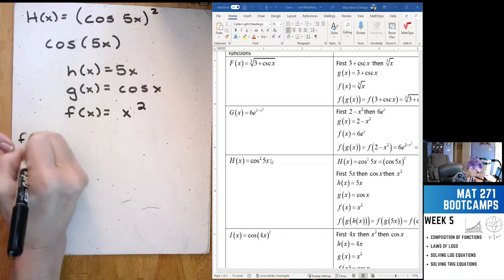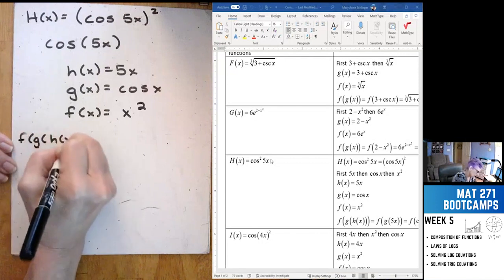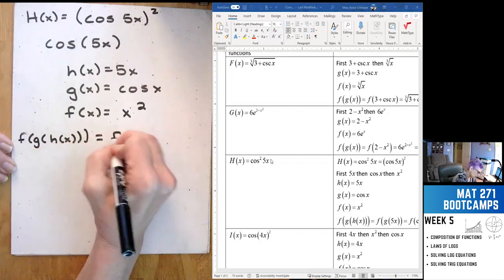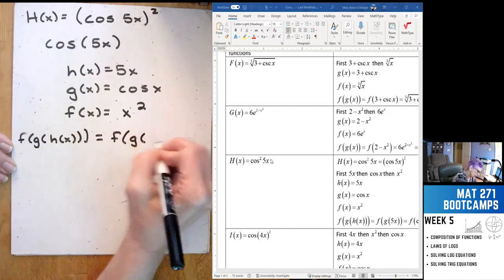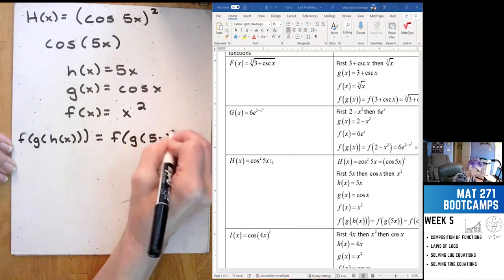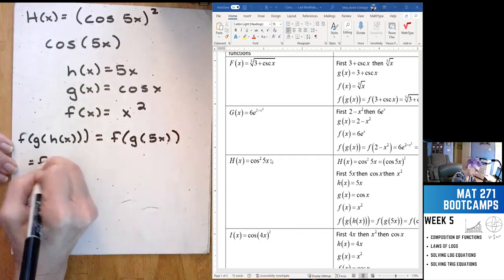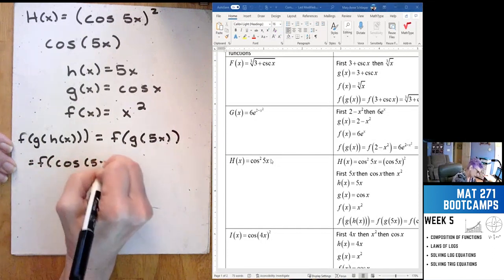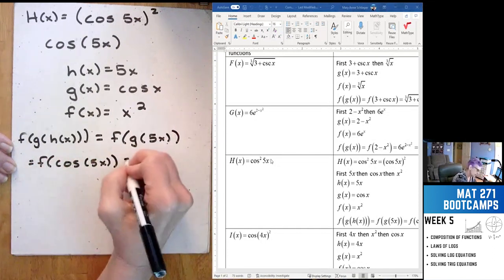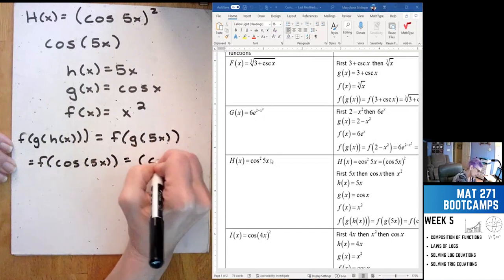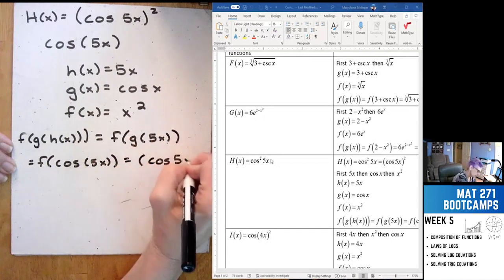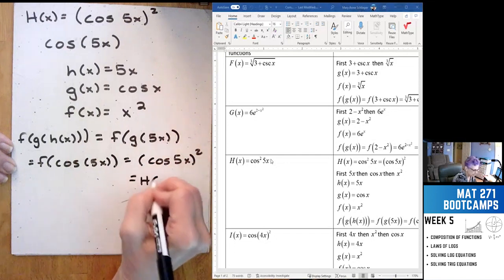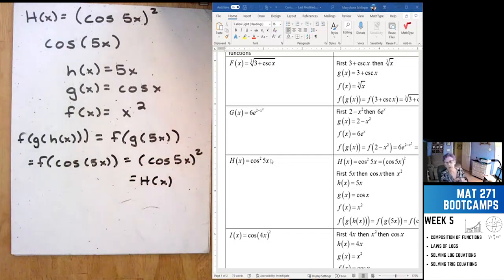So if we f g of h, that means we're going to do f on g of 5x, which means we would f cosine of 5x, which means we would square cosine of 5x, which is exactly what we want to do.